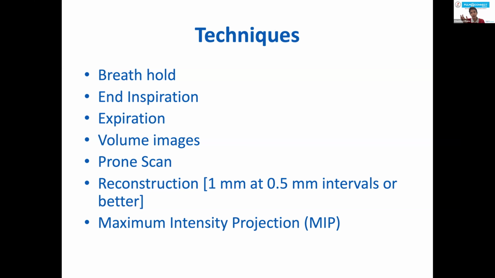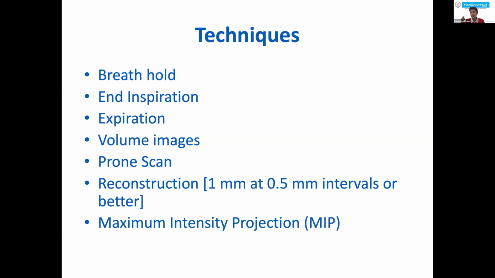Always ask for volume images, because gone are the days of conventional CT scans wherein single slice or four slice CT was done. Almost every CT scan in the current era has helical imaging, so always ask for those volume images. Try to get your series so that you can reconstruct those images to get your answers.